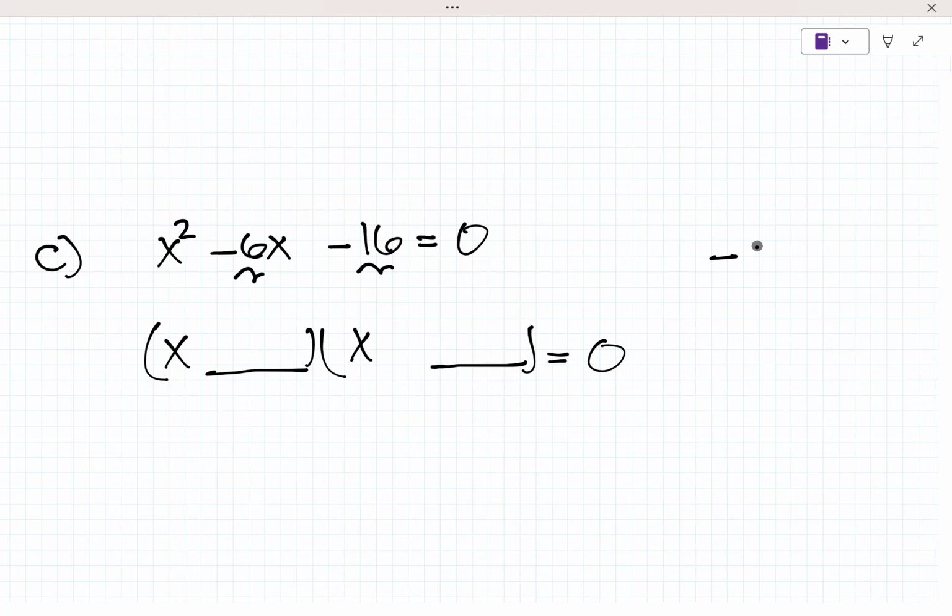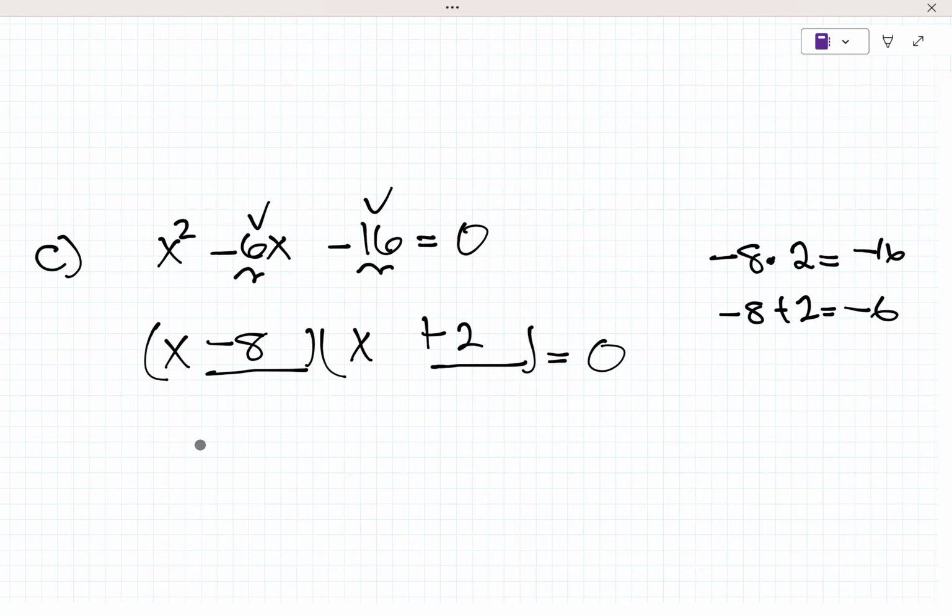I believe it's -8 and +2, because -8 times +2 is -16, and -8 plus 2 is -6. They both satisfy both conditions. They want me to solve for it, so when I actually solve, I'm going to get +8 and -2.